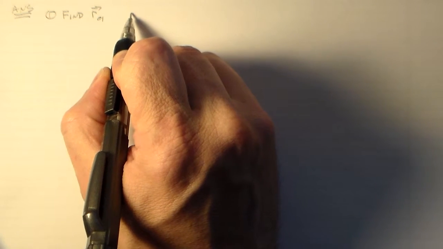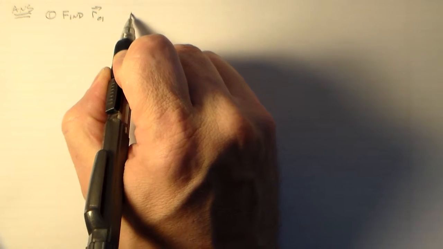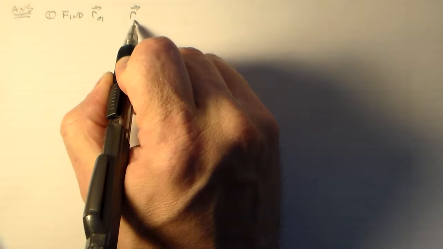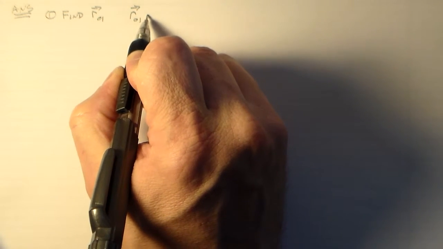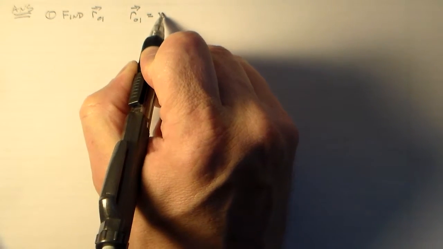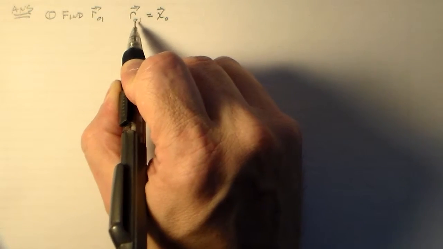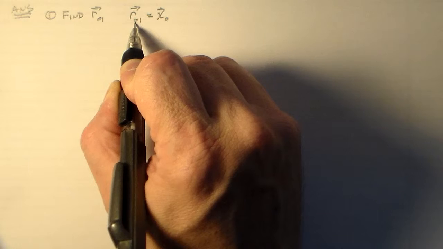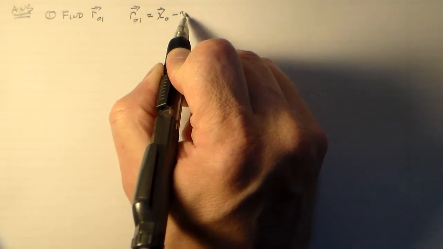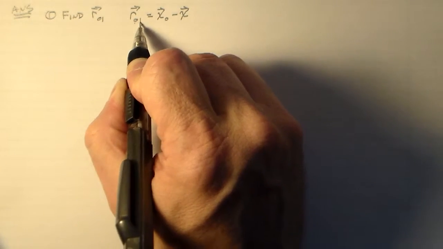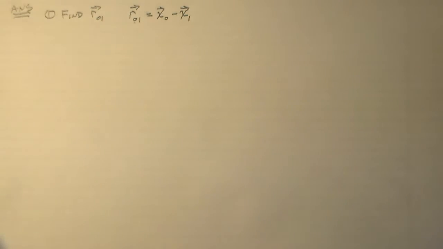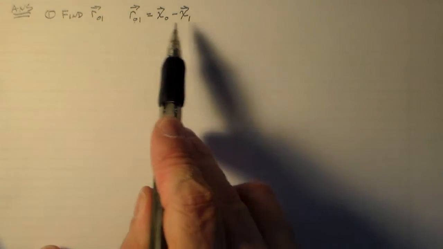And so when we find that, remember that that vector is the difference between the vector x0 that points towards the object minus the vector that points towards the source, from the origin.